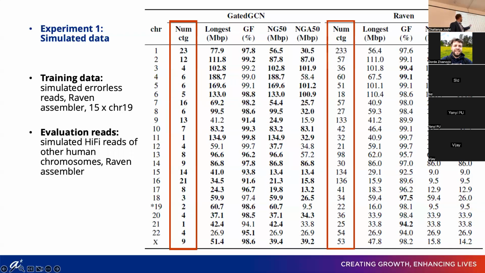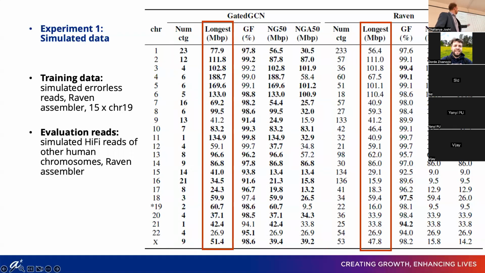The GNN assembles in a lot fewer contigs than the standard assembler that we compared to. And we are comparing with this one because we start from the same graphs. If we start from the same graph, then we are only comparing the layout phase, the graph simplification phase, versus the GNN.